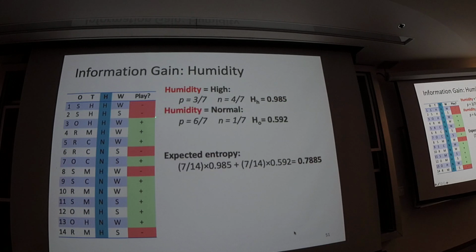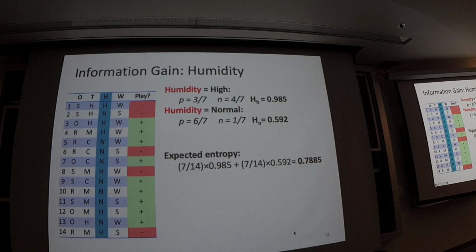For humidity normal, you have 7 examples as well, and 6 of them are positive and only 1 negative. So the entropy is 0.592. But for humidity equals low, there are no examples.